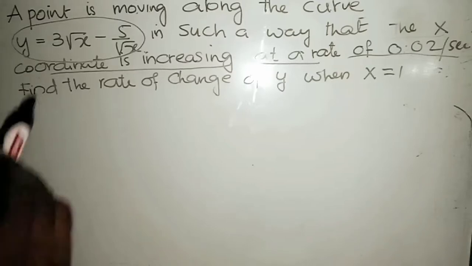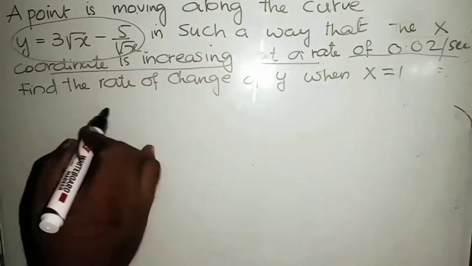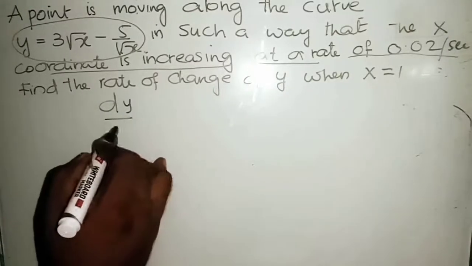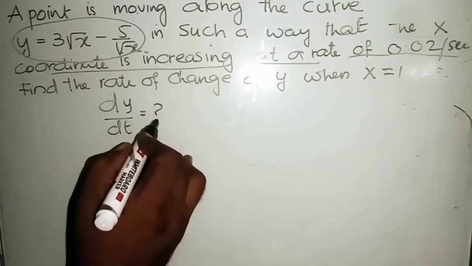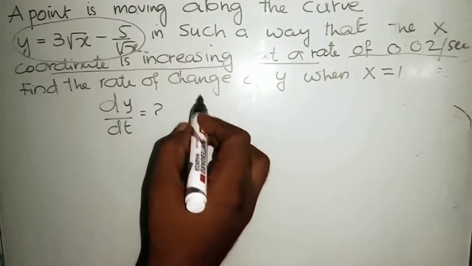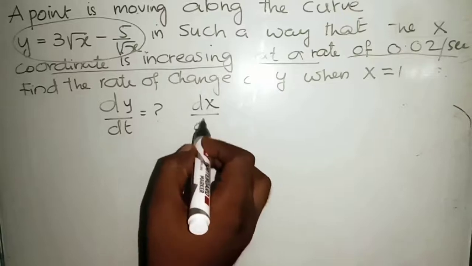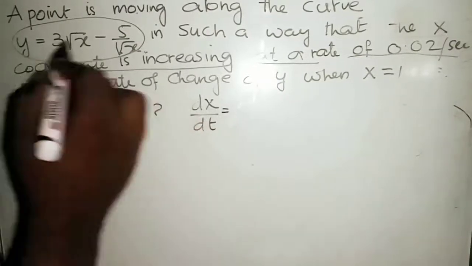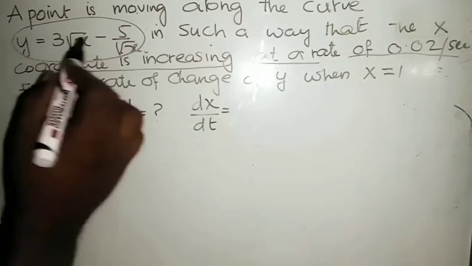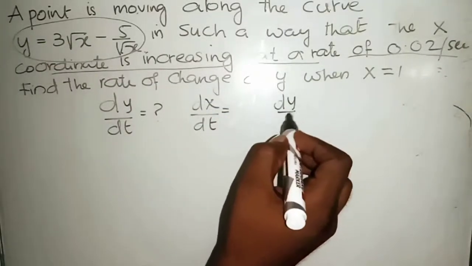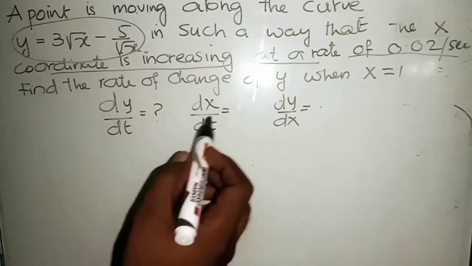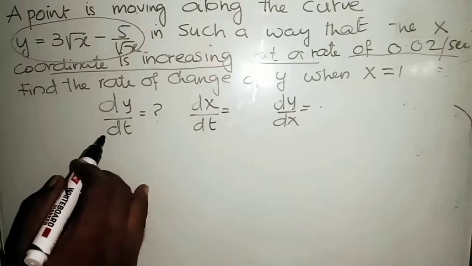So we want to find the rate of change of y coordinate. What is given is the rate of change of x coordinate, and the rate of change of y with respect to x can be found from the curve.